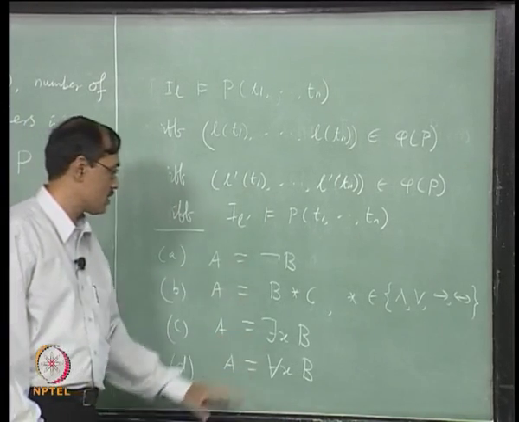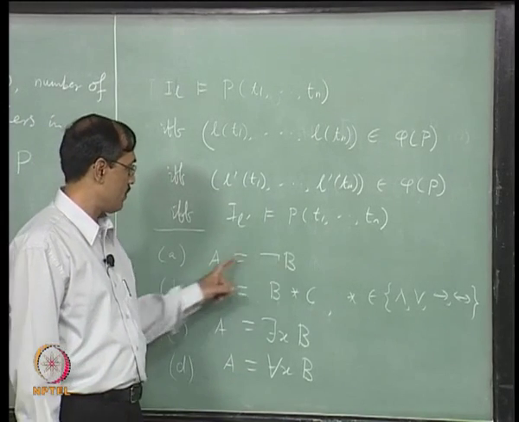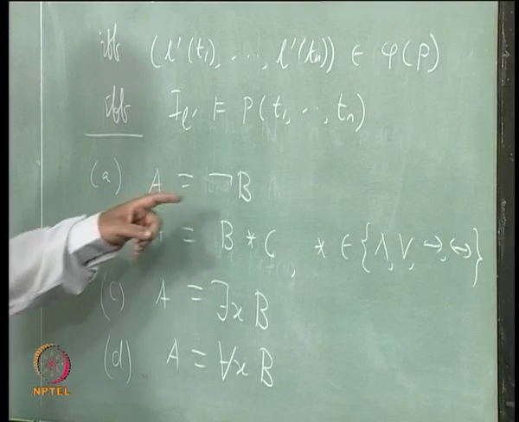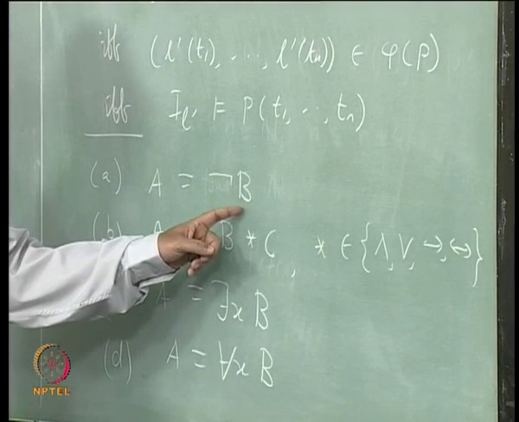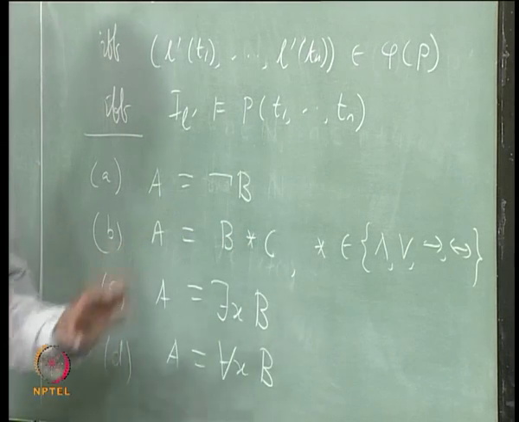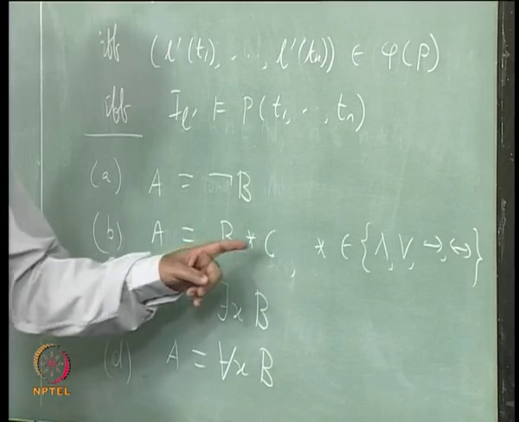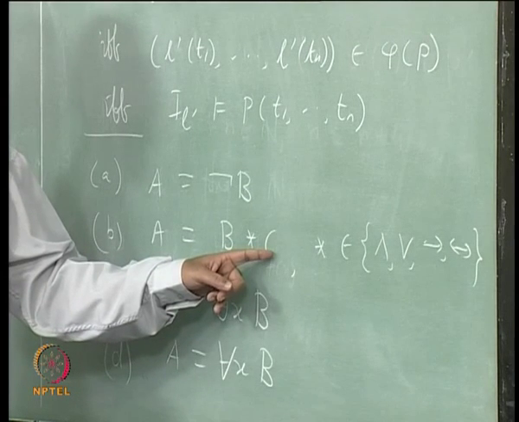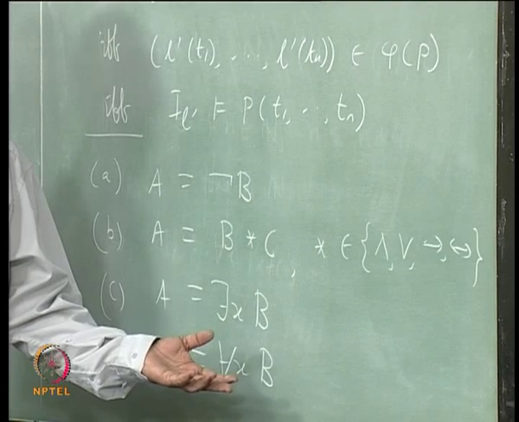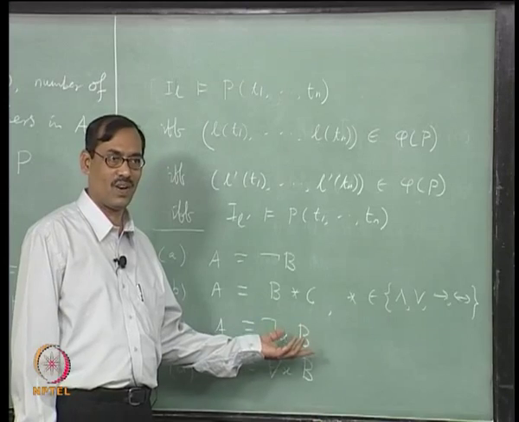Then in each case let us see. Now, if nu of A is k plus 1, then nu of B is k, one connective less, and if A is B star C, then B and C will have nu less than or equal to k. That is why you need strong induction.